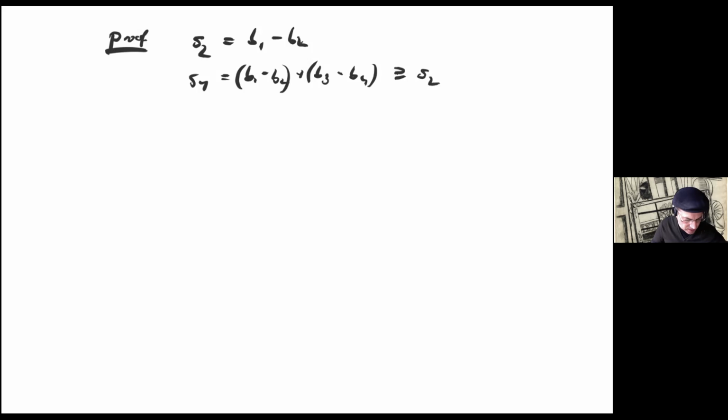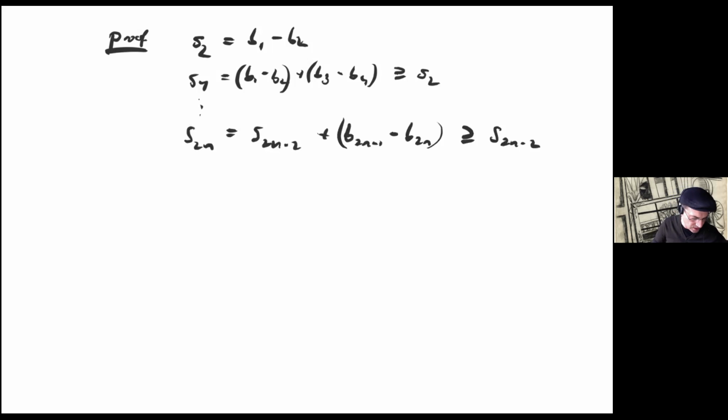Okay, and similarly, if we keep going, the even partial sums of the series have the following structure. You take the previous even partial sum and add b_(2n-1) minus b_(2n) to it, and that's going to be greater than or equal to S_(2n-2).